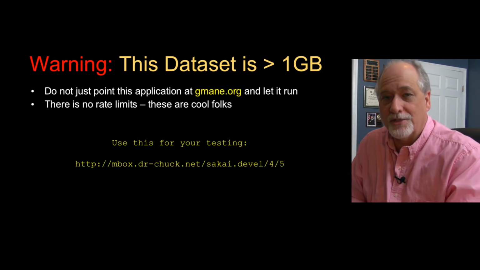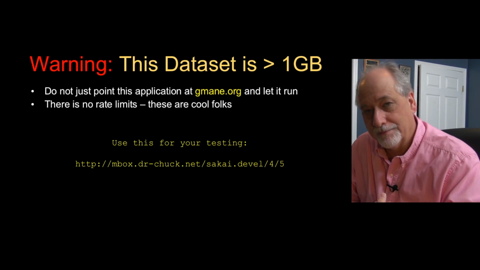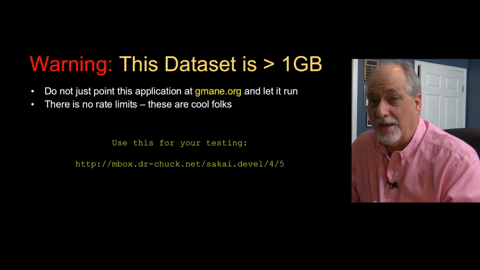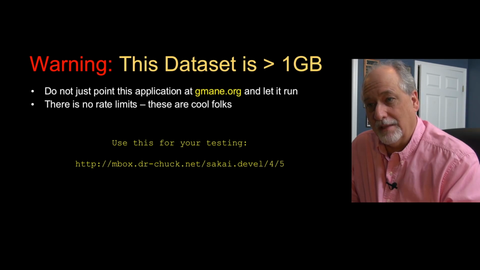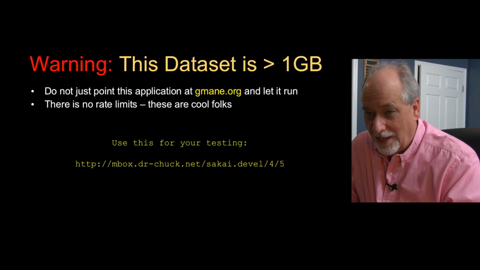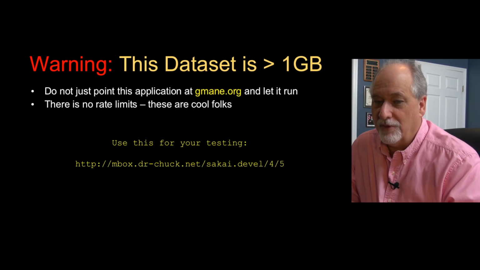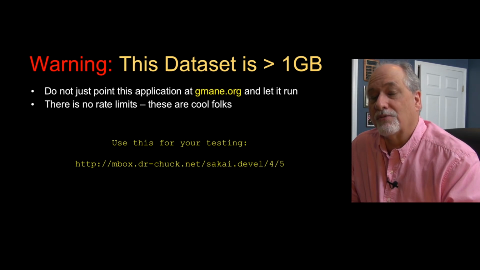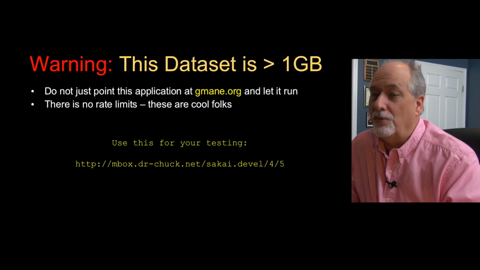It's probably more important when I do the demonstration of how the software works. So this is a large data set, so you've got to be careful. This could spider gmane.org, which is a very free and friendly archive. This data originally came from gmane.org, but I've got a copy of it. And so gmane.org is not rate limited, but if everyone who is watching this starts spidering gmane.org at the same time, you will crash it.